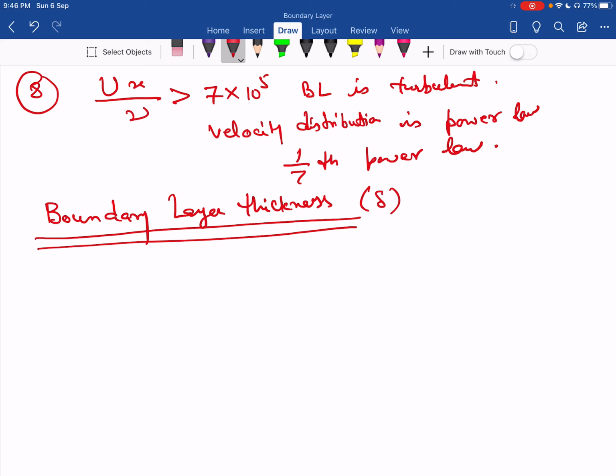To define the boundary layer thickness, we have a definition.